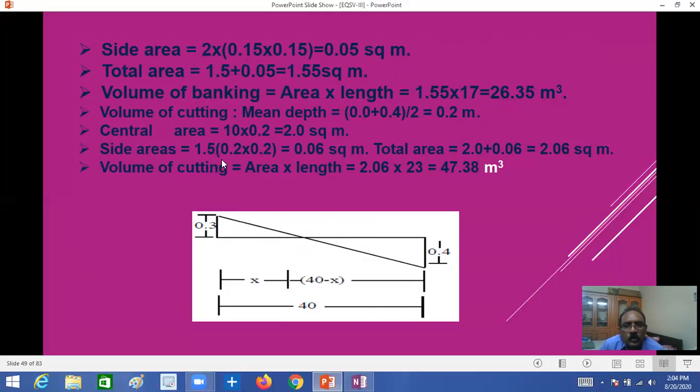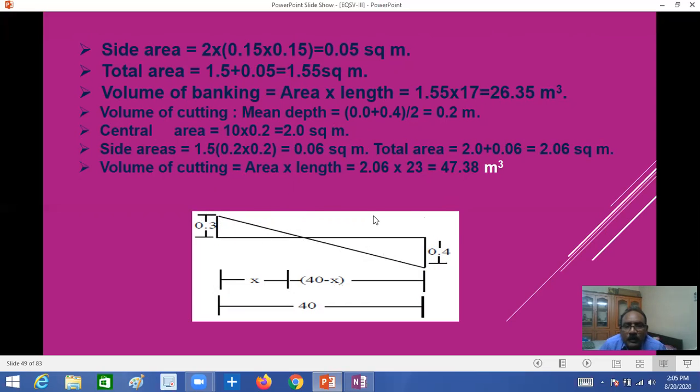So the mean sectional area, central area and side slopes, BD plus SD square, equals 2.06 square meters. The volume of cutting equals area into length, 2.06 square meters into 23. How did you get 23? It is 40 minus 17, which is 23 meters. So the volume is 47.38 cubic meters.